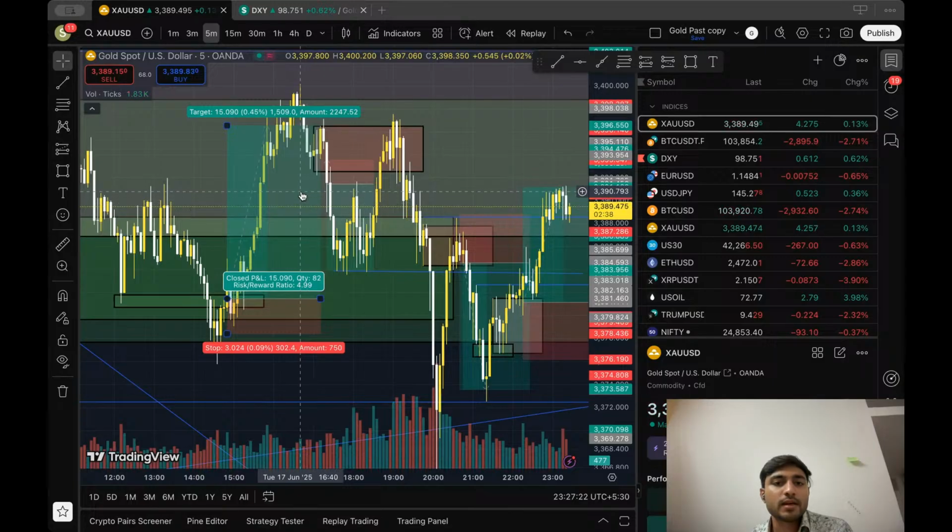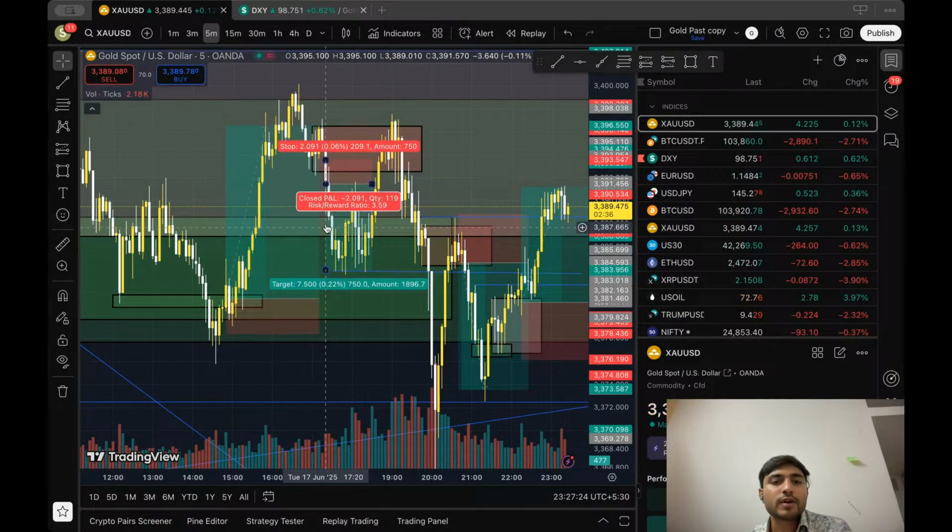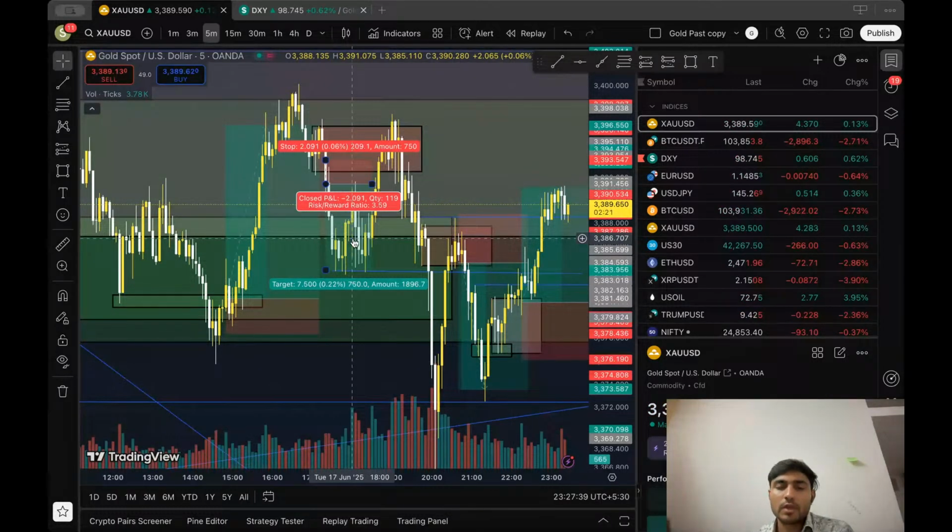So I was waiting for another entry as DXY was increasing at 6 o'clock somewhere. The news for DXY was negative, but still the DXY was increasing. So I thought the news didn't matter a lot for it today.